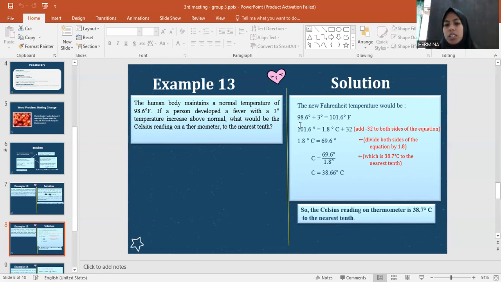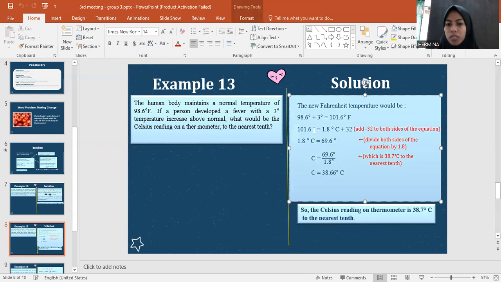From the right side and the left side, we are going to subtract 32. So automatically the 32 here is gone, and we also subtract 32 on the other side. So we'll just change the position of it.